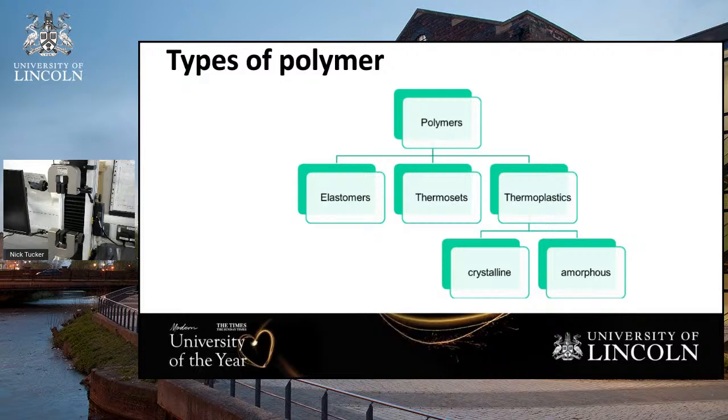In the case of one that hasn't got very many cross-links, an elastomer, which notably exhibits a very large reversible strain. So if I stretch it, it snaps back again. These are rubbers.